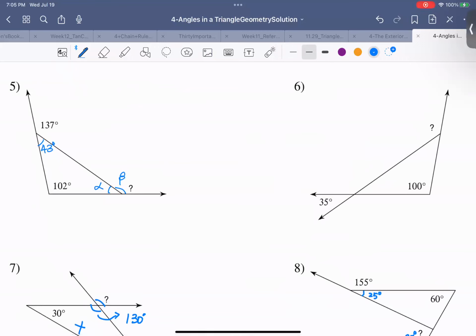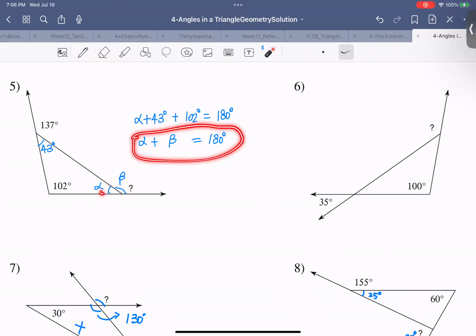Now, based on the interior angle summation, alpha plus 43 plus 102 equals how much? Equals 180, right? And alpha plus beta also equals 180, right? This is because of the linear pair.